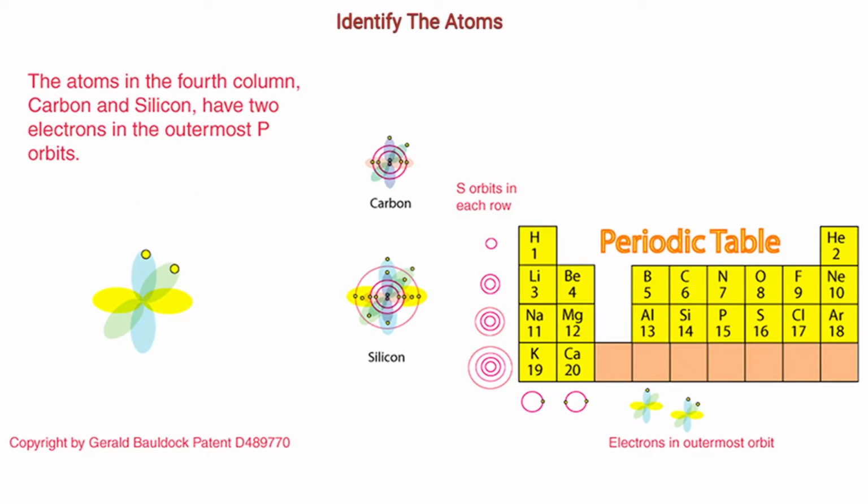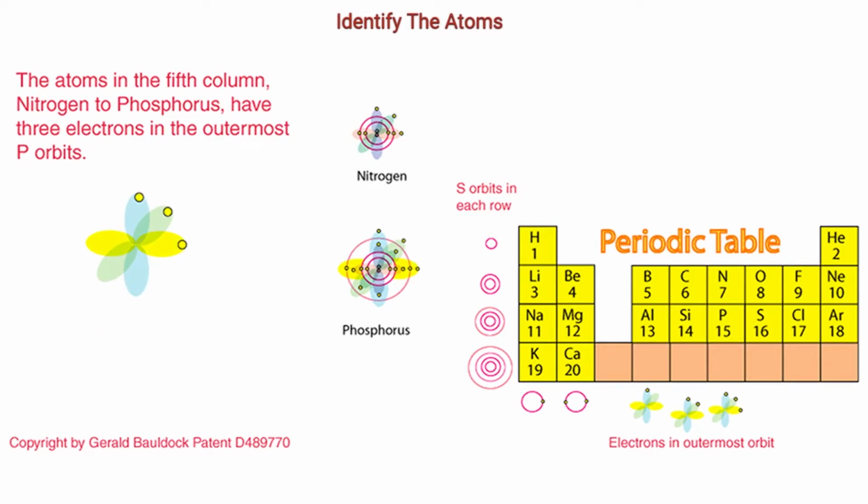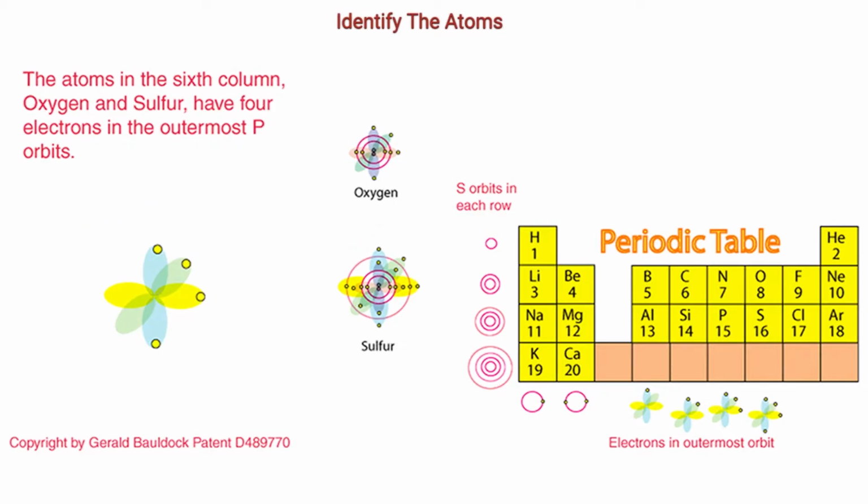The atoms in the fourth column, carbon and silicon, have 2 electrons in the outermost p orbital. The atoms in the fifth column, nitrogen to phosphorus, have 3 electrons in the outermost p orbitals. The atoms in the sixth column, oxygen and sulfur, have 4 electrons in the outermost p orbitals.